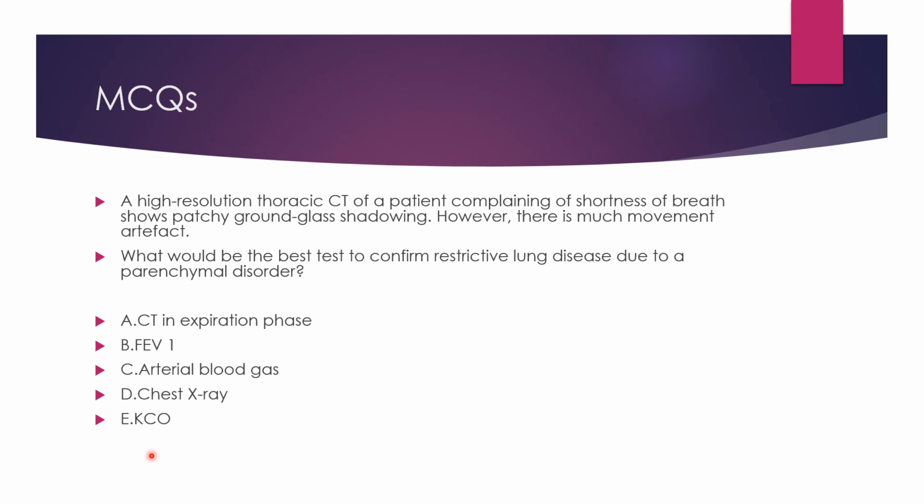So the remaining one is KCO, which is transfer coefficient. This is important because restrictive lung disease have an abnormal KCO. So if you can watch my previous video on transfer factor and transfer coefficient, you will notice that most of the restrictive lung diseases related to the lung parenchyma cause lowering of the TLCO, such as pulmonary fibrosis mainly.